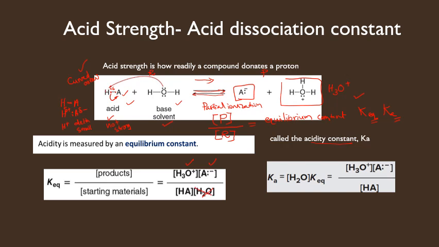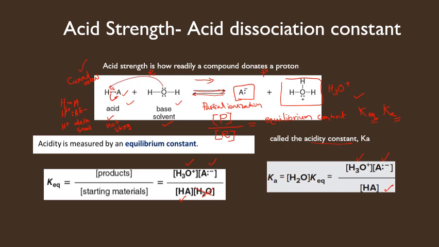It is like a constant, and we don't take it for liquids. So only the acid concentration will be in our equilibrium expression. Ka equals hydronium ion concentration times A minus concentration, divided by acid concentration.